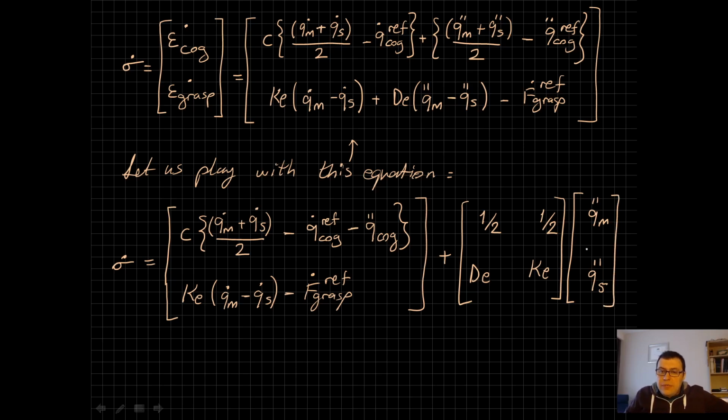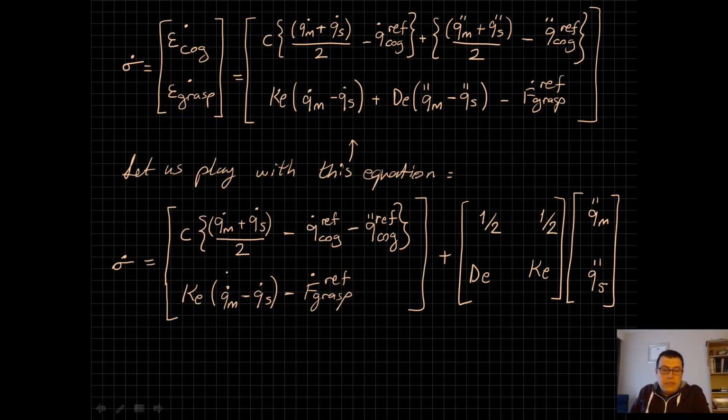So that equation has the same structure as this one. It has the same items, but what we have done is to play with the mathematics and take the part of the equation that contains the references. This is also a reference, by the way. So take the references and the feedback from the system on one side. And here you have accelerations, which will be our desired accelerations at the end.